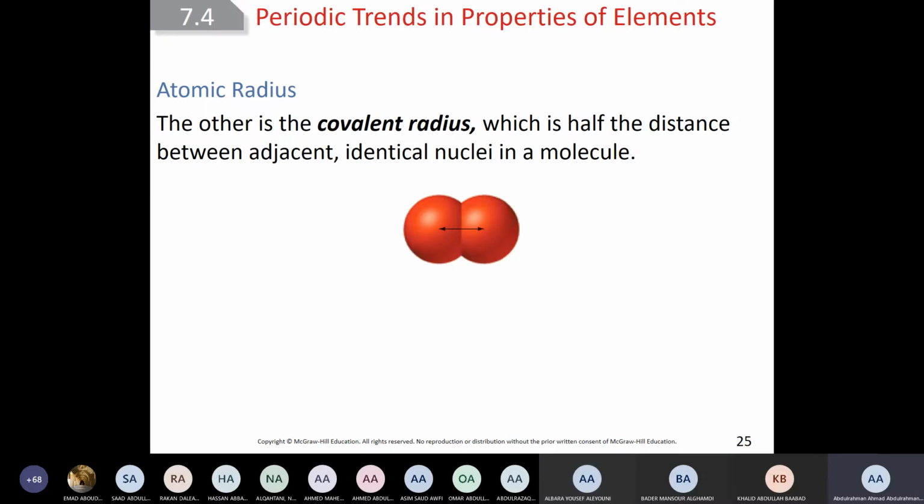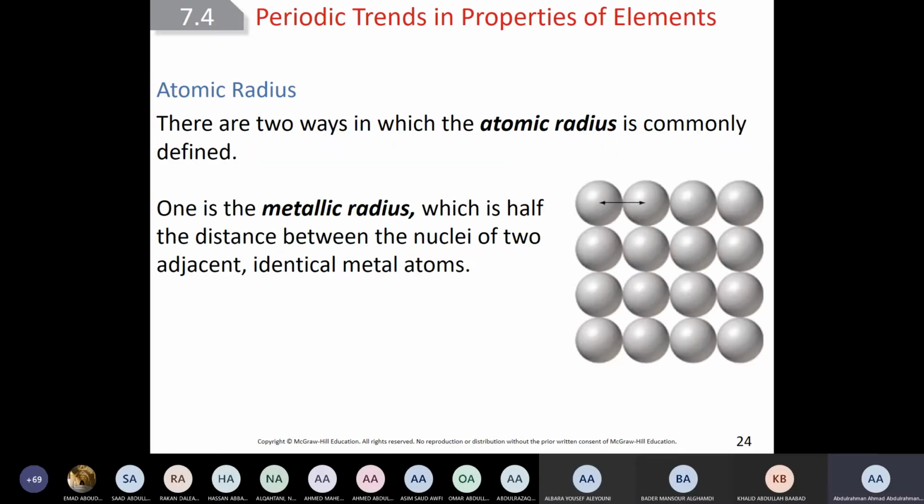Okay. How do we measure the atomic radius? We measure the atomic radius by taking 2 atoms together like this, and then take the distance from the nucleus to the nucleus. These are the same atoms, and we take the distance from the nucleus to the nucleus. If I want the atomic radius, what's the atomic radius? Half.